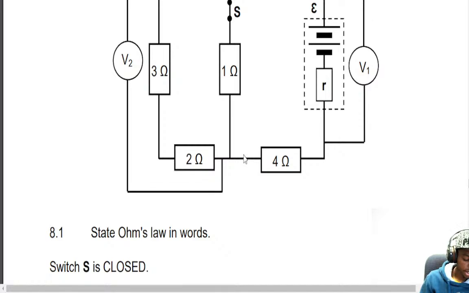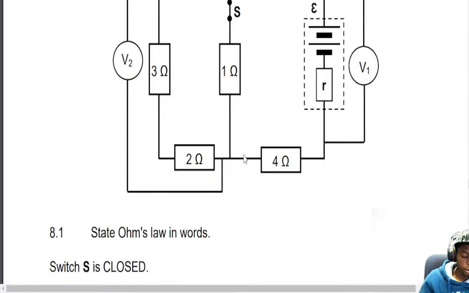We have the total current as well. So already that gives us an advantage, because we have the external resistance. Remember, the internal resistance is in the battery. Now we have the external resistance that we just calculated, and we have the total current in the circuit.